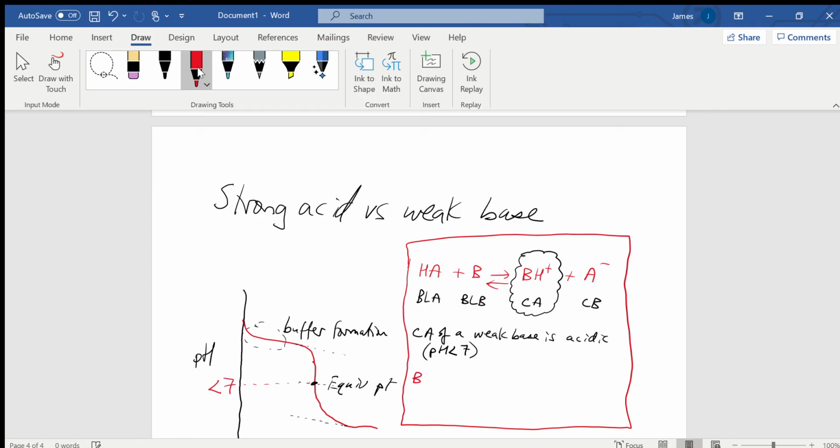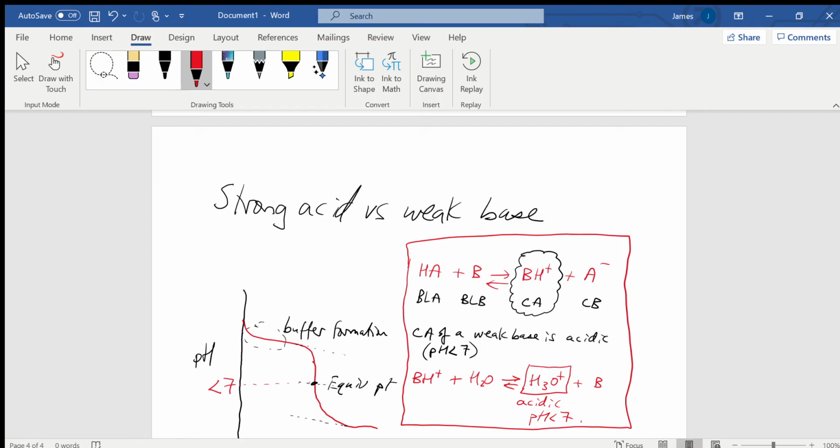We take the conjugate acid, which is BH plus, we add that to water because it's in the presence of water. Reversible arrows. We will protonate water to generate hydronium ion, and we'll regenerate our original base. And it's this hydronium ion which is acidic and gives us our pH less than 7.